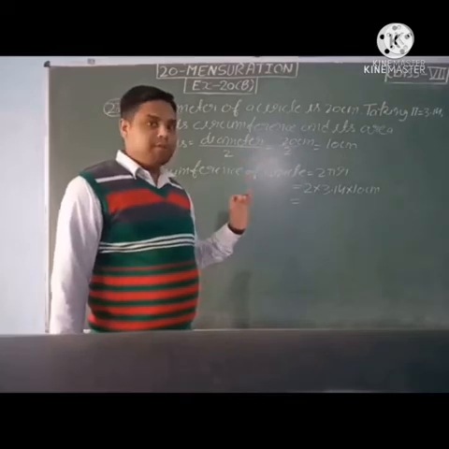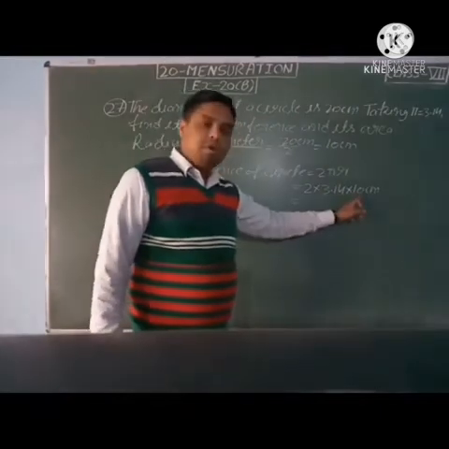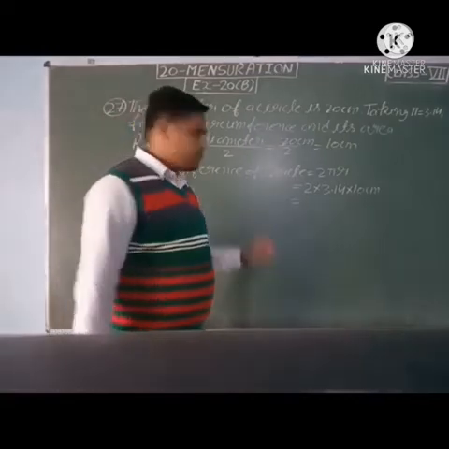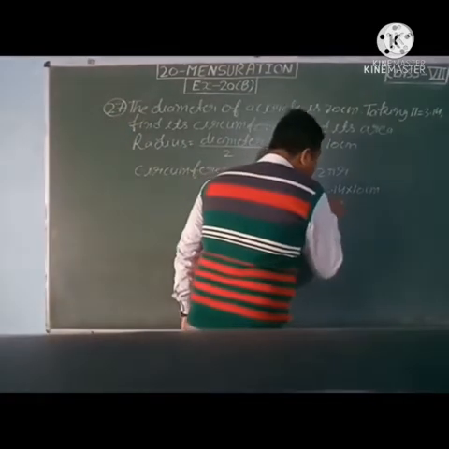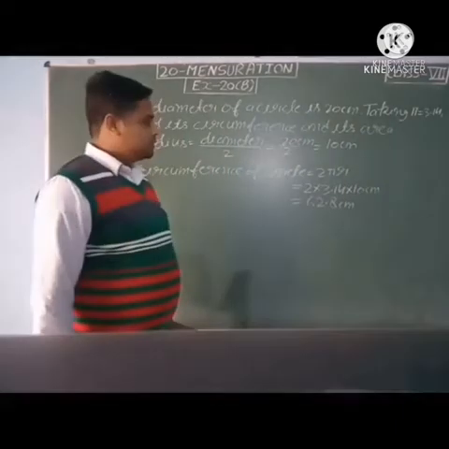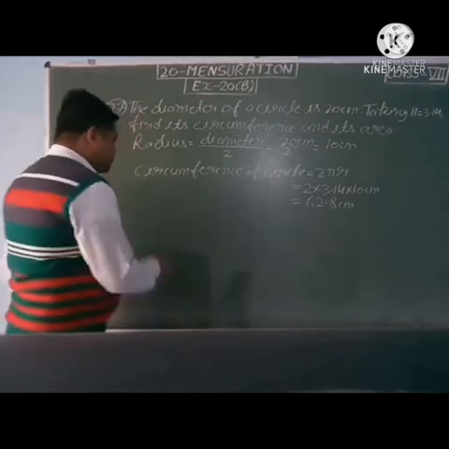How many places? It depends on number of 0. So how many 0? 1 0. So 6.28 multiply 10, it means 62.8 centimeter.